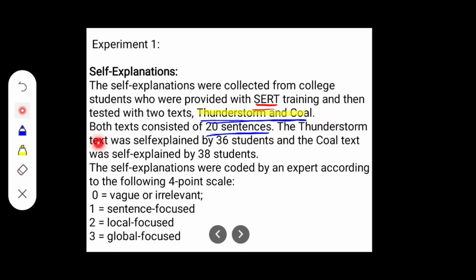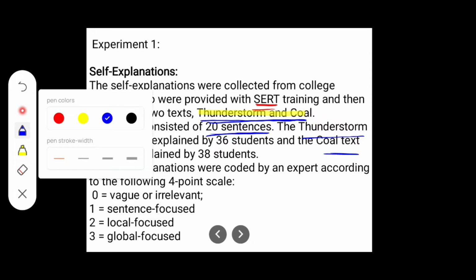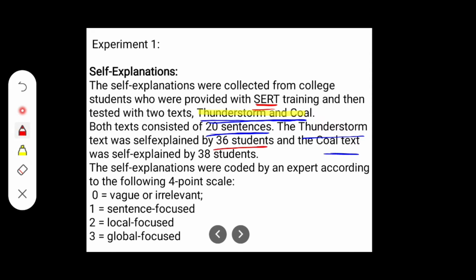The thunderstorm text was self-explained by 36 students, and the coal text was self-explained by 38 students.